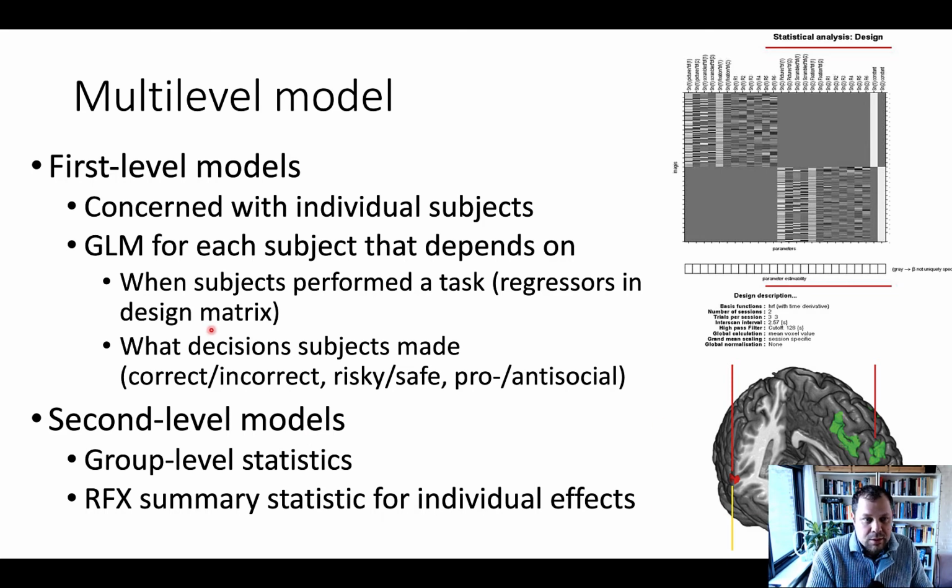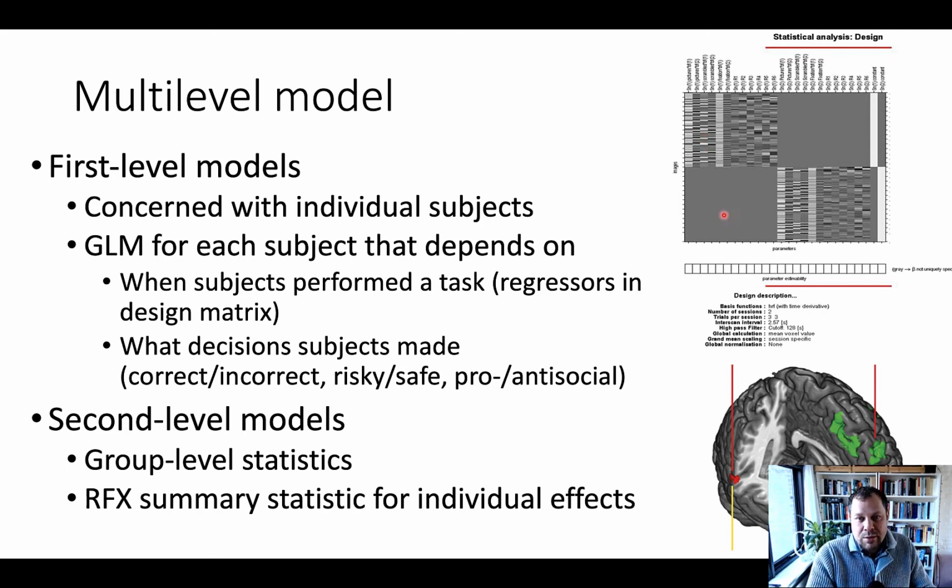The first level models basically estimate a general linear model for each subject, and this can depend on, for instance, when a subject performed a given task. So is the subject performing condition A versus condition B? So we have these onset times that are convolved and then produce a predicted response. And this predicted response is then matched to an observed response.